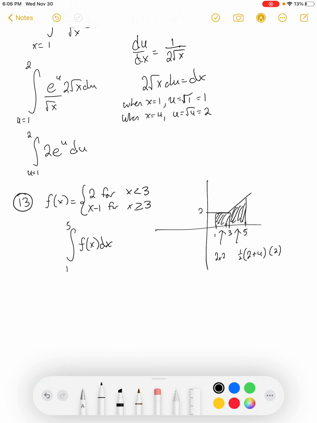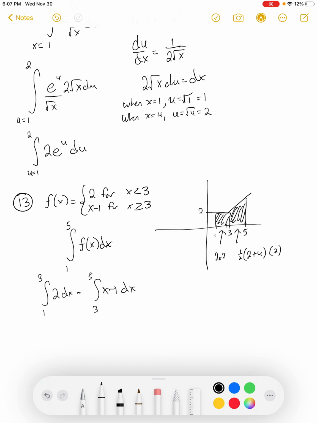Or you could divide this into two integrals: the integral from 1 to 3 of 2 dx plus the integral from 3 to 5 of x minus 1 dx. Either way, we're going to end up getting 10.